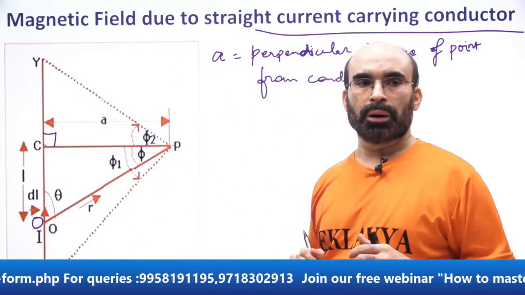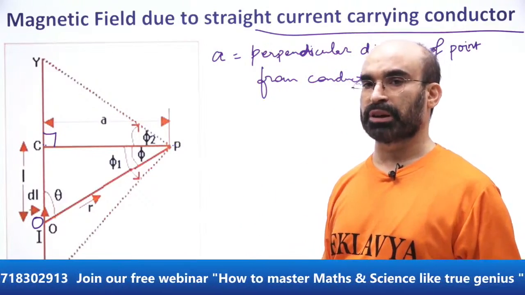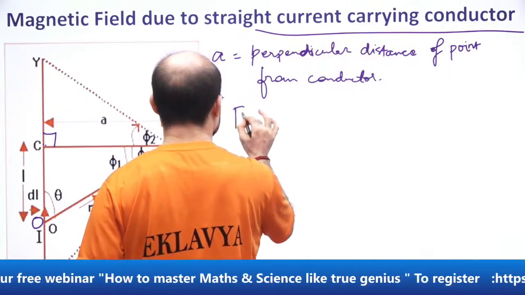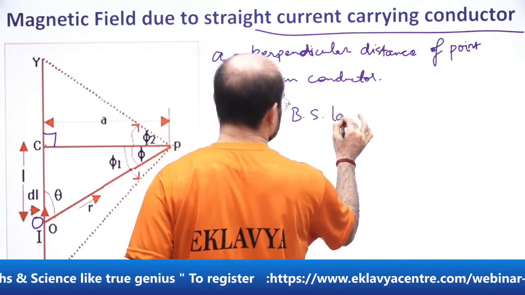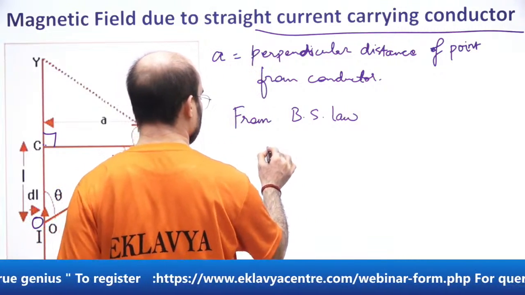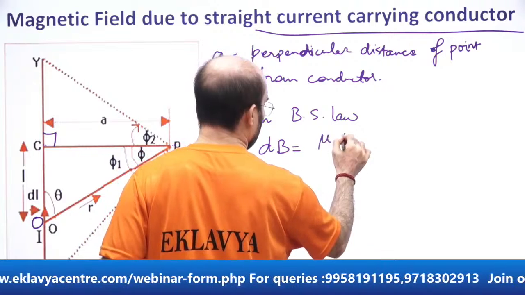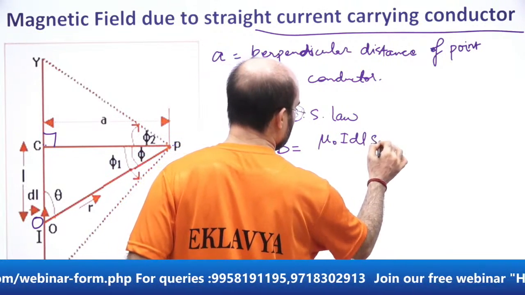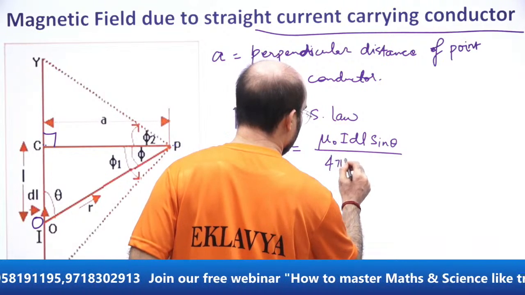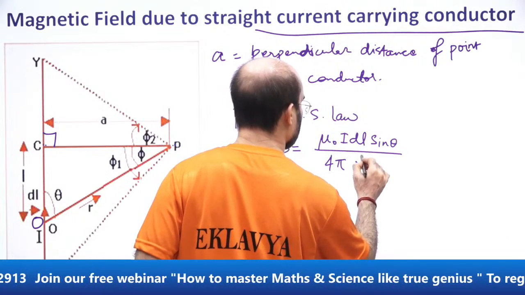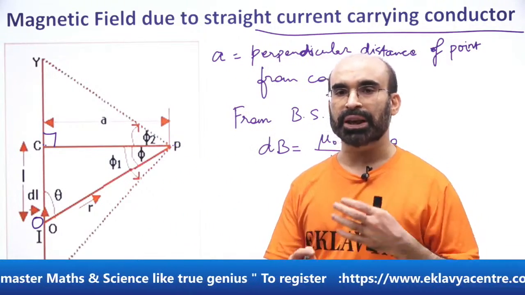Now, first of all, we recall the basic formula of Biot-Savart law. From Biot-Savart law, what do we have? dB equals mu naught I dl sin theta by 4 pi r square. You are aware of this?